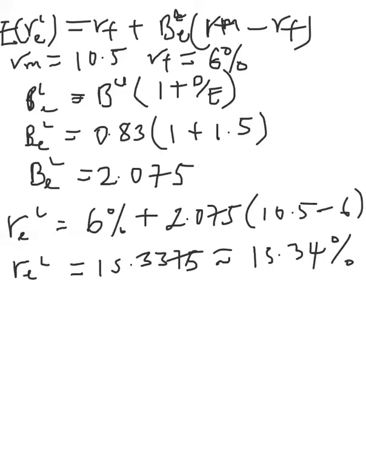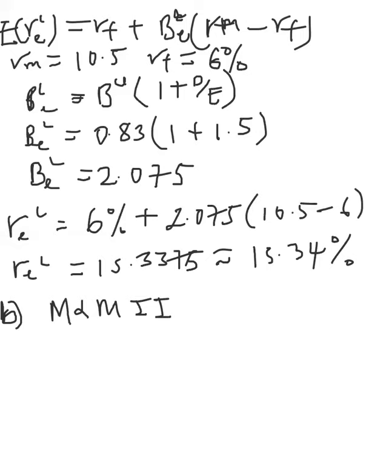Now let's look at the B part. What is the company's cost of equity for an identical unlevered firm? In this case, we are going to use M and M proposition 2, and this is how they write it.